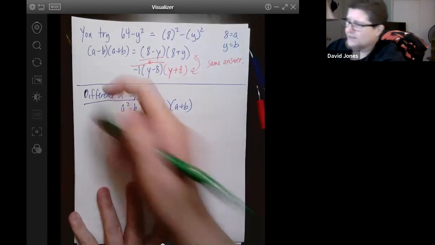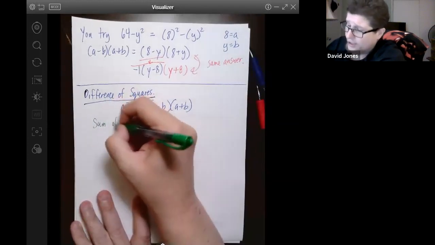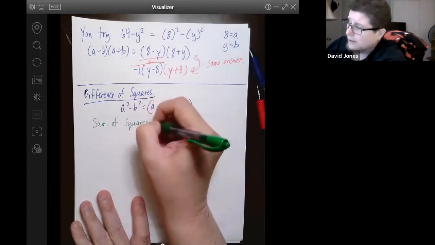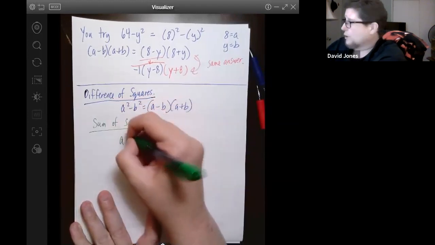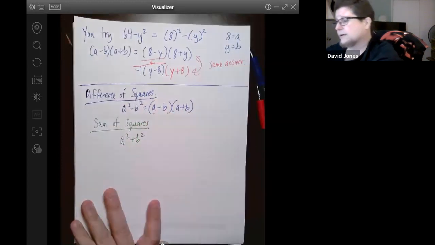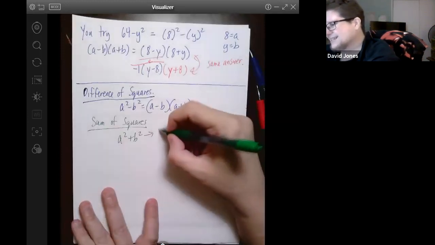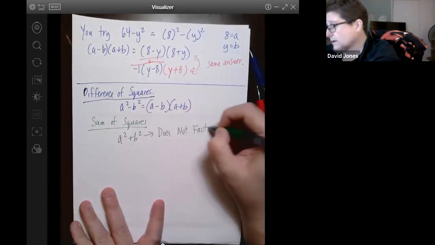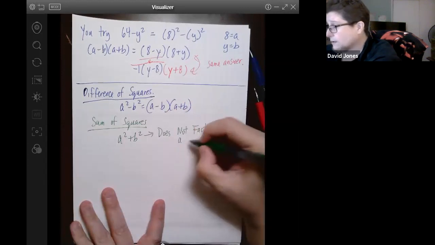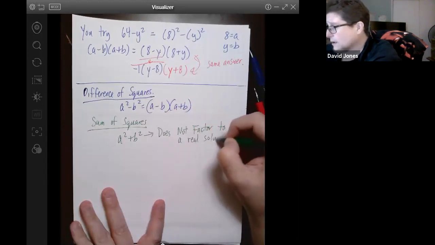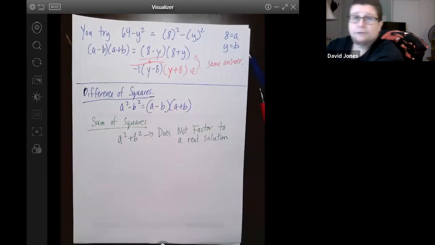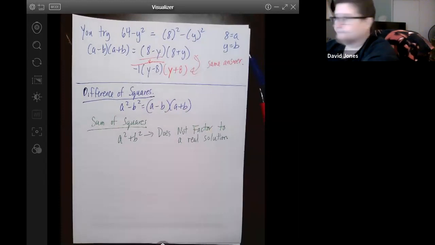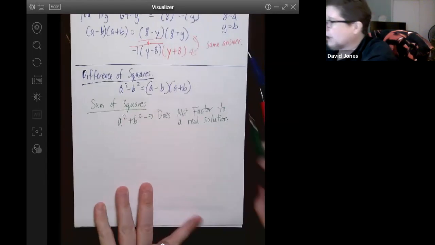If you have the sum of squares, addition, a squared plus b squared, this does not factor to a real solution. Later on in this semester, we're going to start looking at complex numbers, and it will come up then, okay? So those are your squared options.